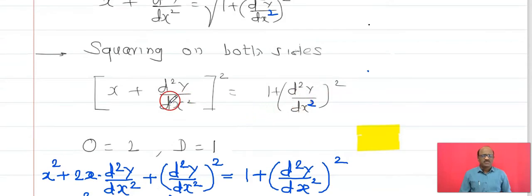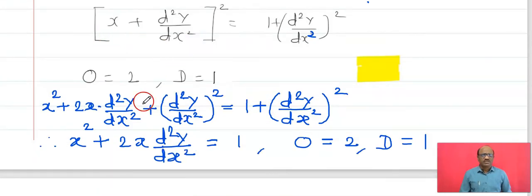The order of the differential equation is 2 and the degree is 1. How is it? For that I have written here with the blue ink, square this bracket: x square plus 2x into d2y by dx square plus (dy by dx) bracket square equals 1 plus d2y by dx square bracket square. Now these two terms on both sides get cancelled, and hence the order is 2 and the degree is 1 here.